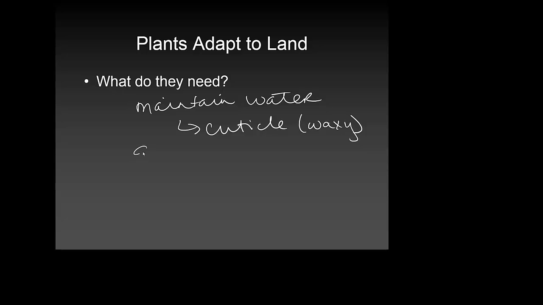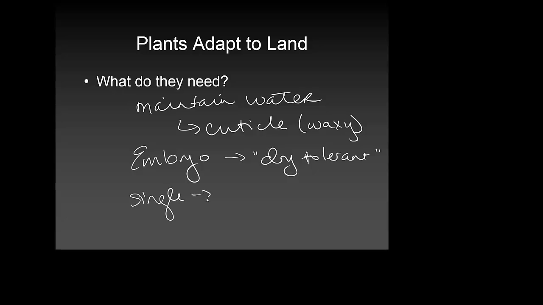We're going to need some sort of reproductive structure or embryo that is essentially dry tolerant, right? So how do we deal with no longer being surrounded in water all the time? Everything is going to dry out on land, so how do we deal with that? And then trying to understand how we go from a single cell to multi-cell.